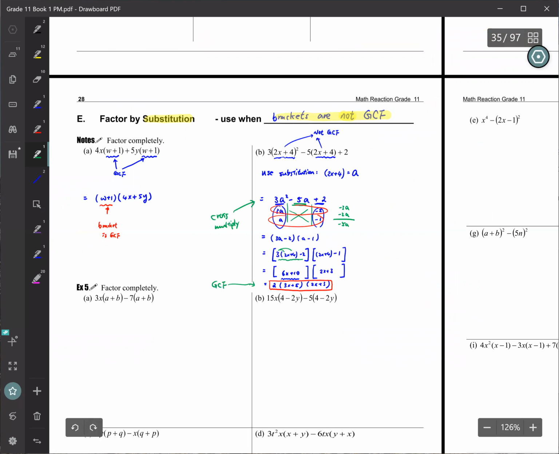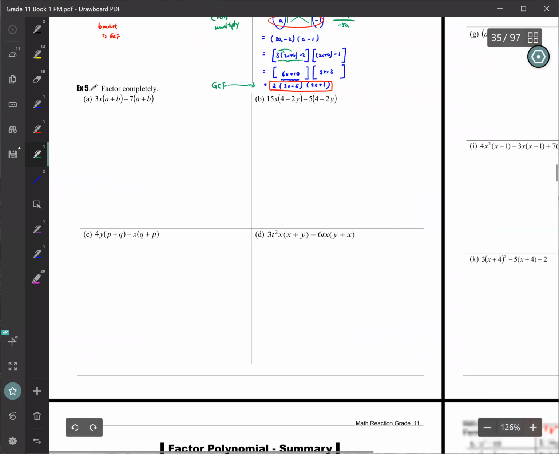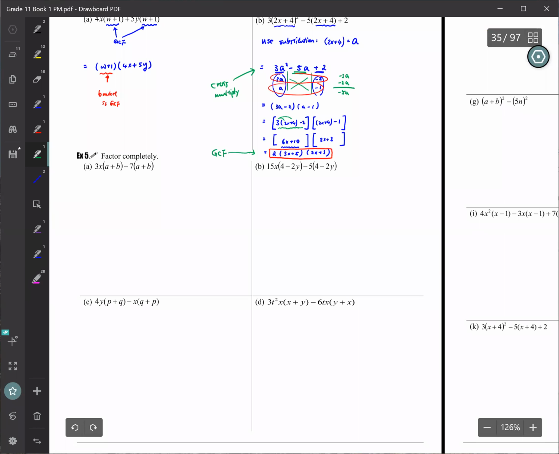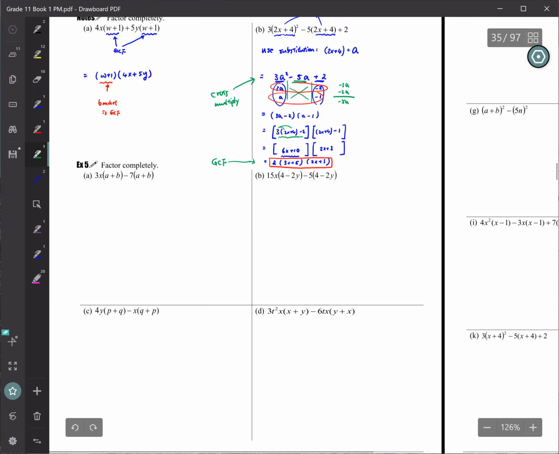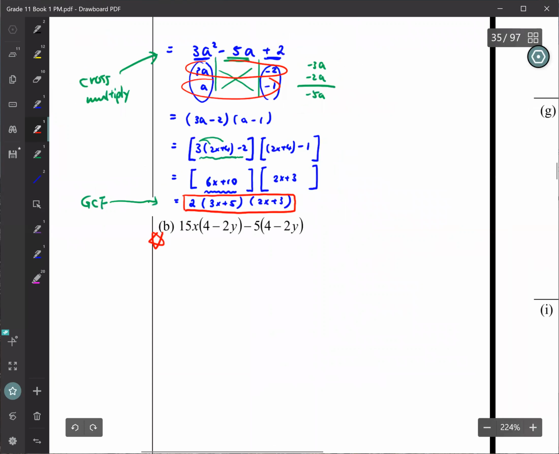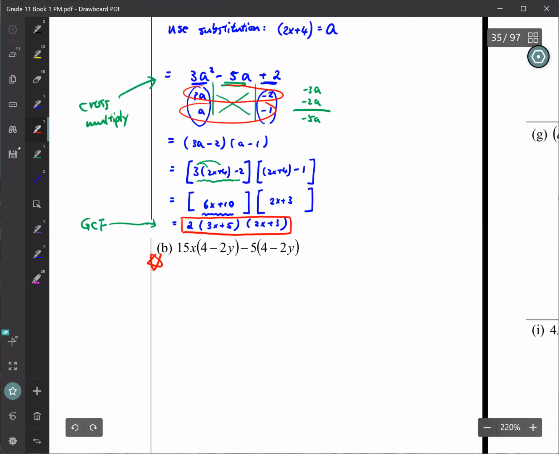Okay, so let's pick another question. Let's do B, and then we'll do question D. Okay, question B. Do we need to use substitution here?